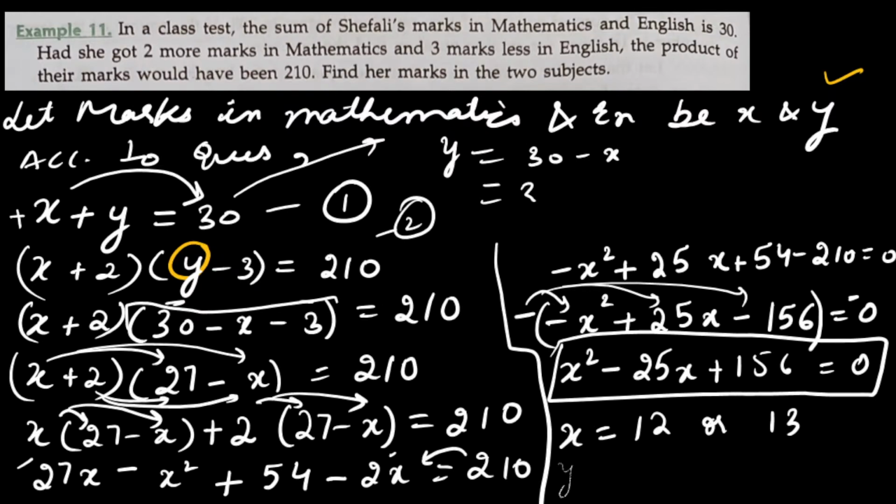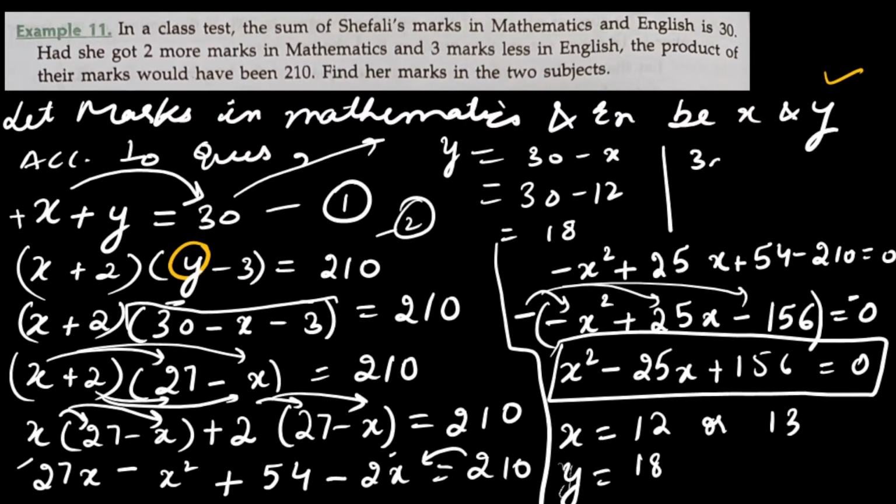So it can be 30 minus 12. So factors you are telling me, okay, correct, but I am not solving, so directly I am just writing this one. So y's value, if x is 12, y's value will be 18.